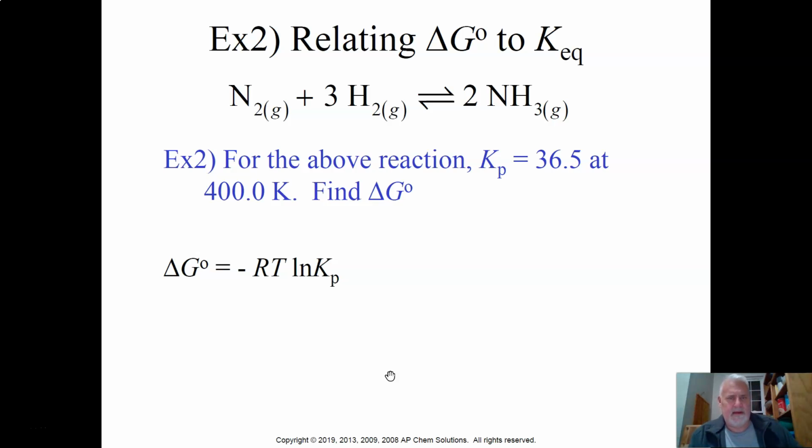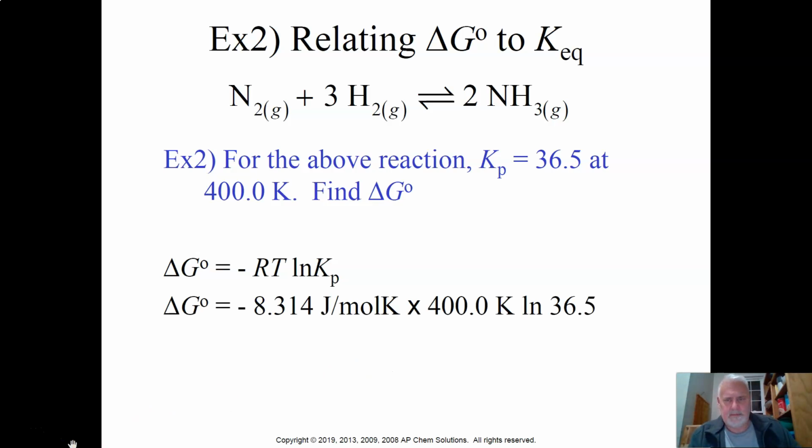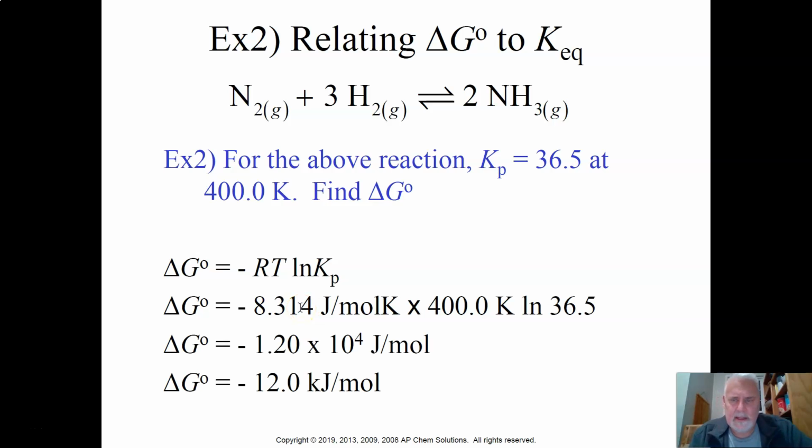And all you have to do at this point is plug in and solve, remembering to keep the negative symbol, and you might want to do the natural log first and then multiply it by those two numbers. That's how I do it anyway. Delta G equals negative 1.2 times 10 to the fourth. And remember, this answer will be in joules, and if they ask for it in kilojoules, you just got to remember to change that. It's a negative 12 kilojoules.